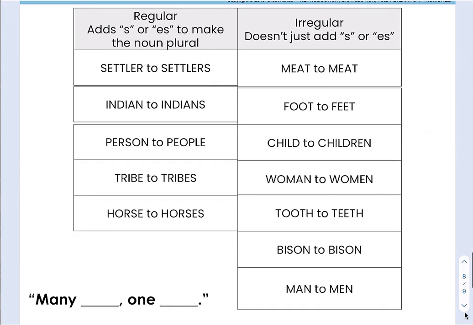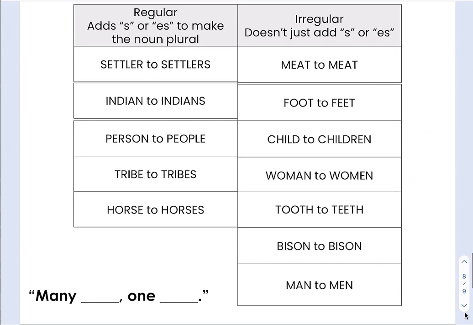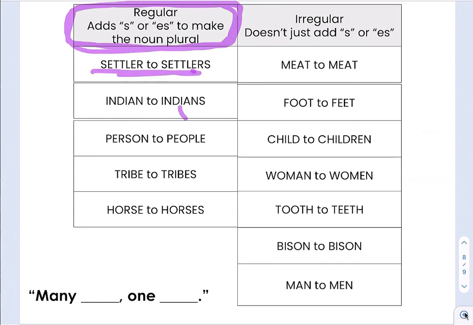Okay, so this is what your two categories should look like. Under regular plural nouns, where you're just adding an S or an ES, you should have these cards. They don't have to be in this order. So you should have settler to settlers, many settlers, one settler.